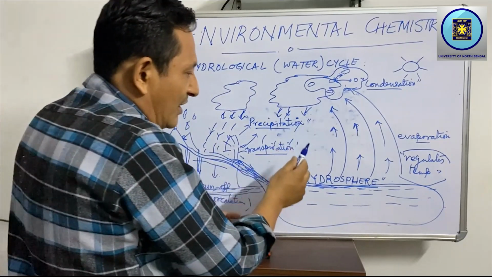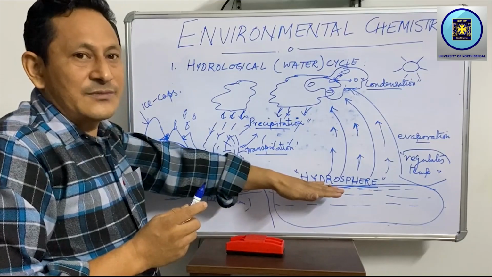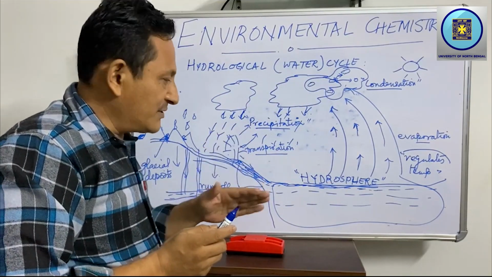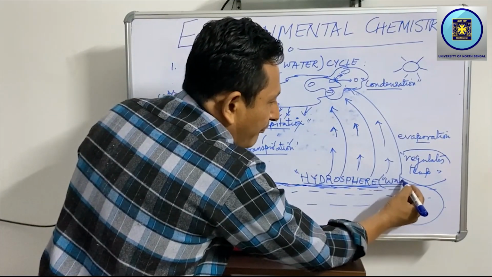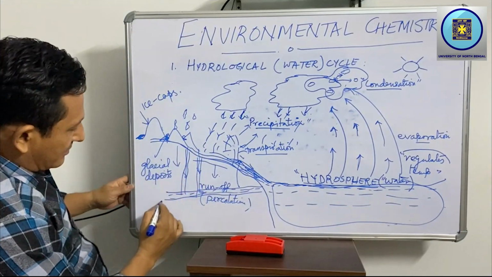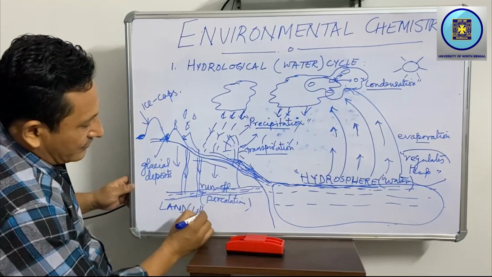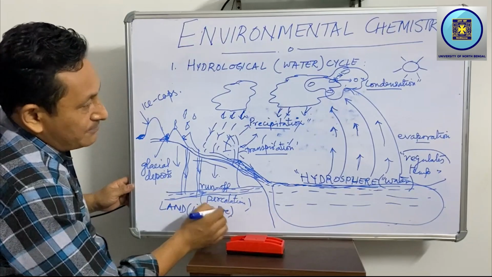The hydrosphere is only one of the subsystems of the earth. The planet earth has 4 subsystems. Hydrosphere, or water, is one. The land, or lithosphere, is the other subsystem.